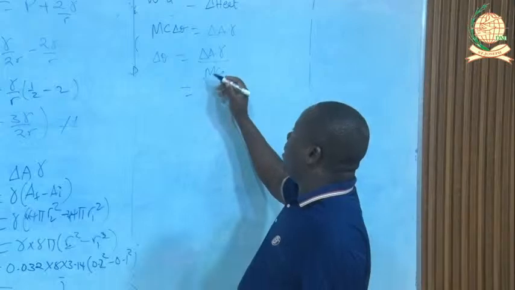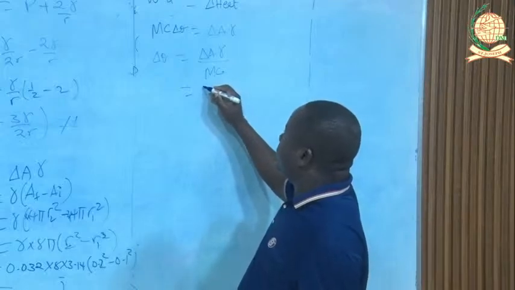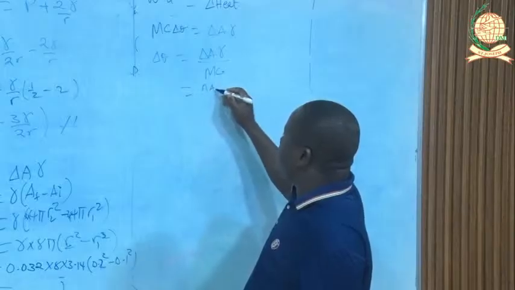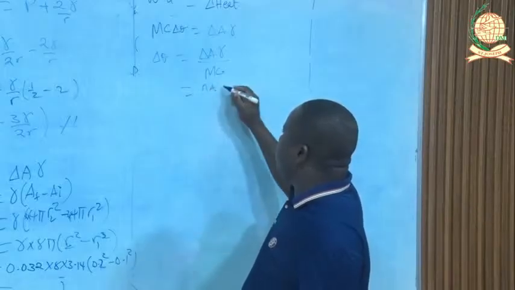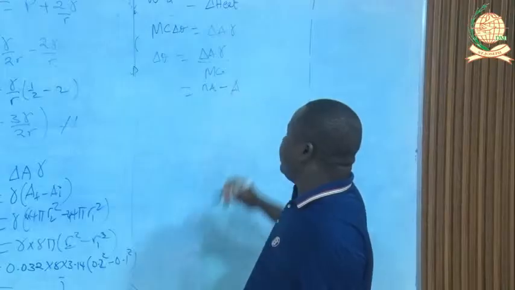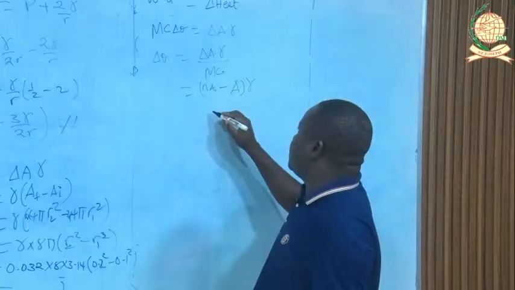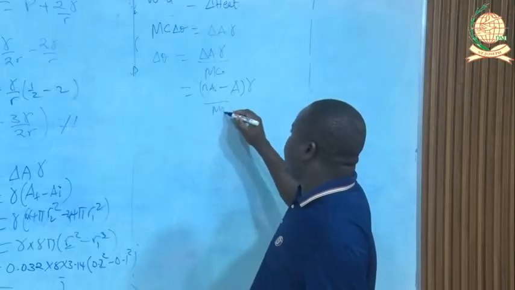So I'm going to write it as the number of drops times the area of one drop minus the area of the bigger drop, times gamma, divided by mC.